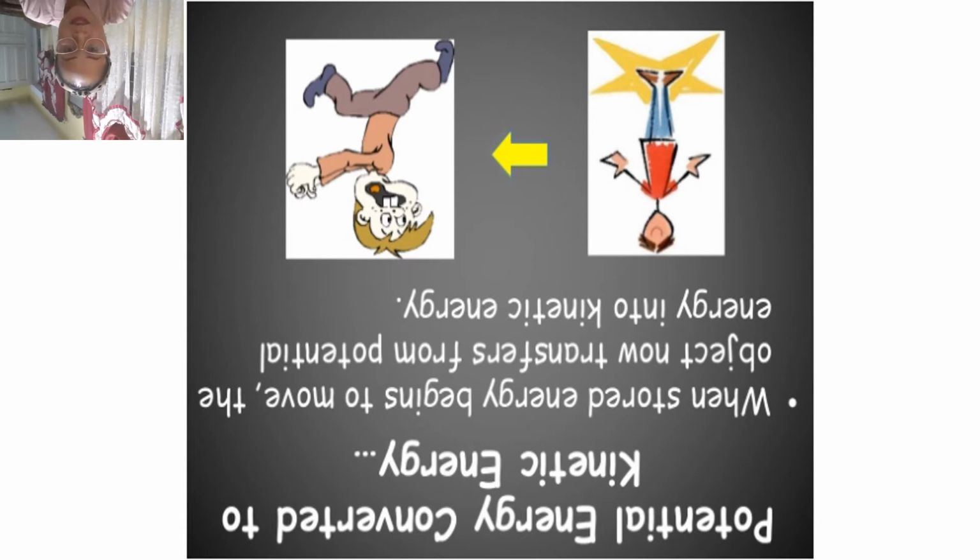Let's say this man. While the man is standing and not moving, he has potential energy in him. But once this man starts to move, his potential energy is now being converted into kinetic energy.